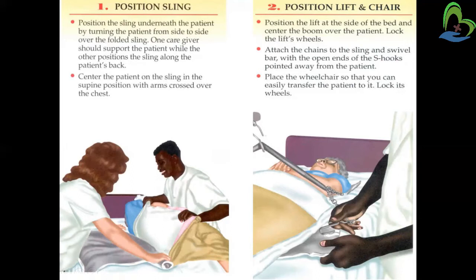Then one caregiver should support the patient while the other positions the sling along the patient's back. One assistant takes care of the patient's body and turns the patient to one side, and another applies the sling under the patient's back. Then center the patient on the sling in the supine position with arms crossed over the chest.